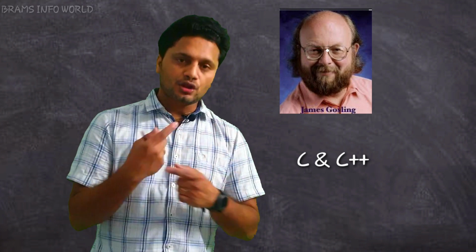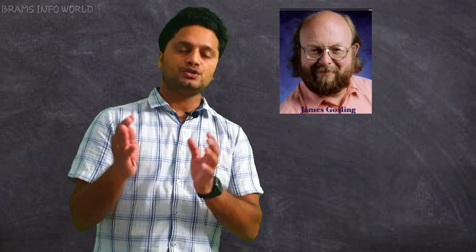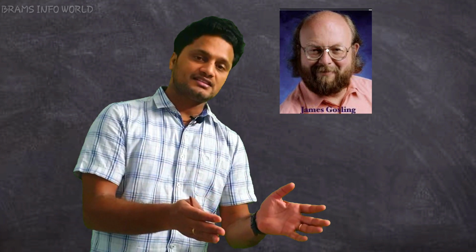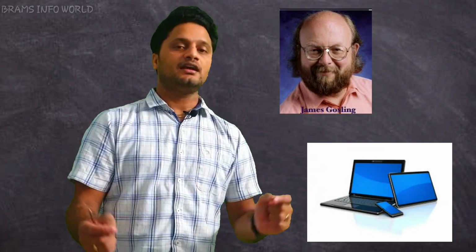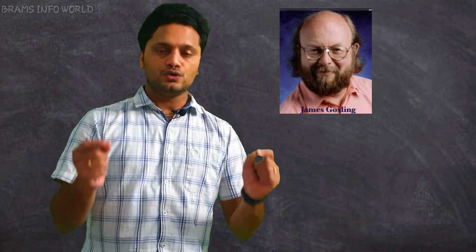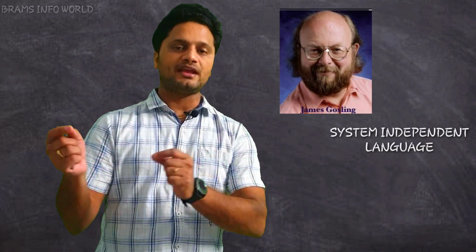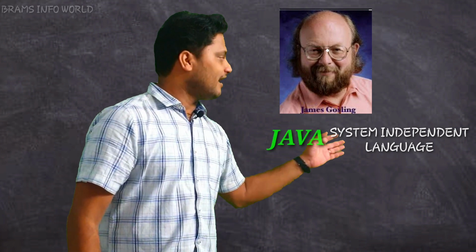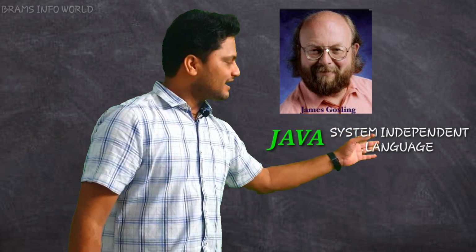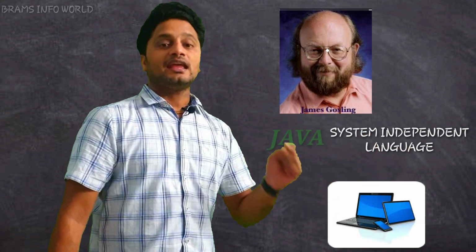So he thought that he wanted to develop one new language that is common for each and every device. That's why James Gosling developed a new system independent programming language called Java. Java is a system independent language and we can run it on different kinds of machines.